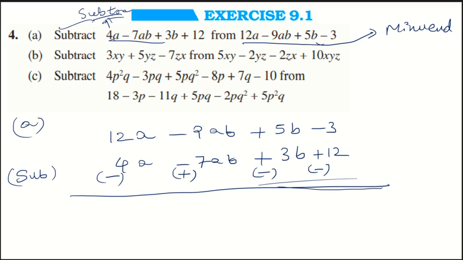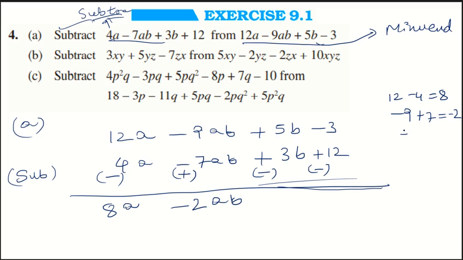Now, this is 12 minus 4, which gives you 8, so 8a. Minus 9 plus 7: I have to take the third row symbol for the subtrahend, so plus 7 gives me minus 2. So, it is minus 2 times ab.